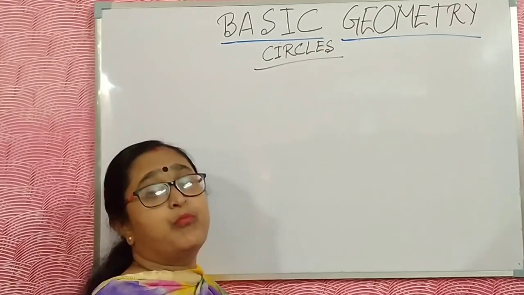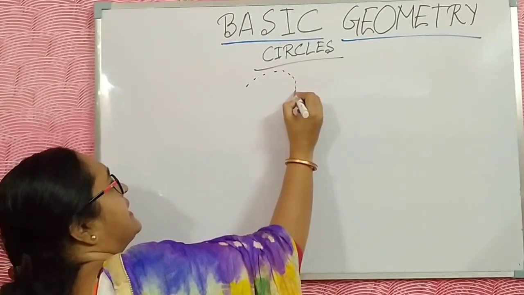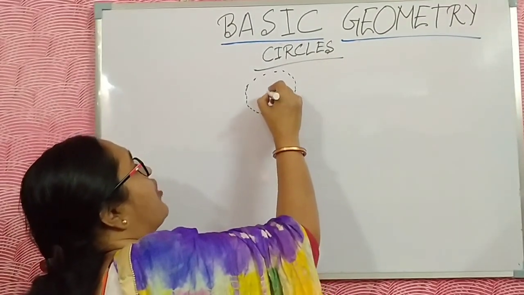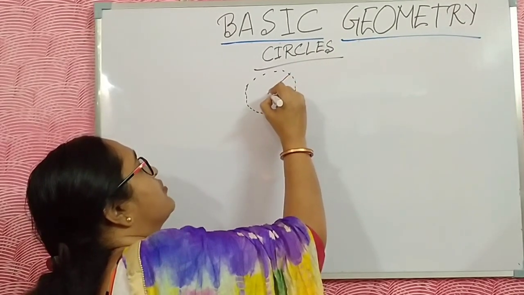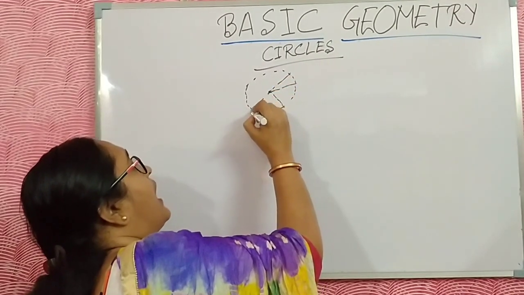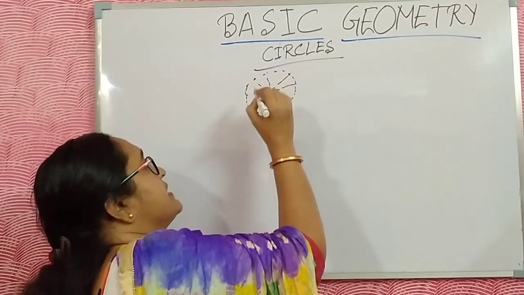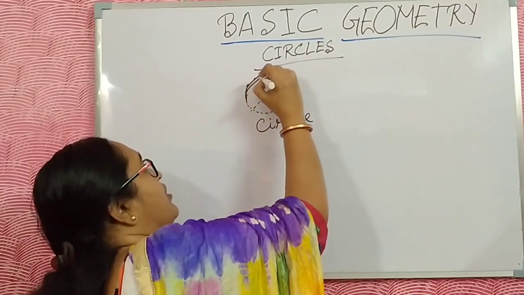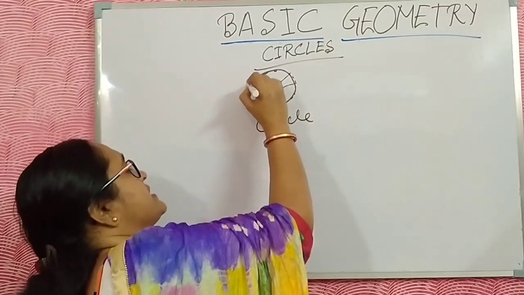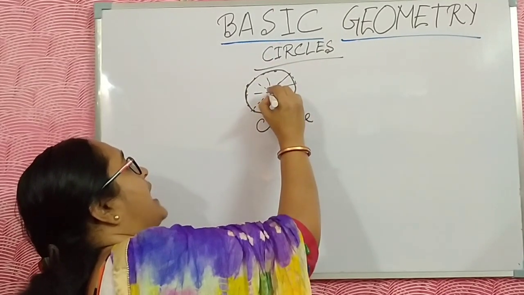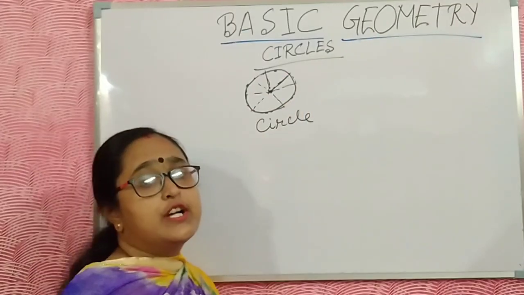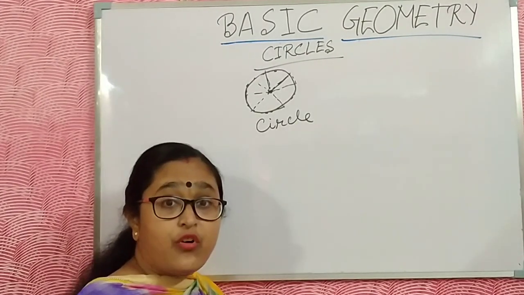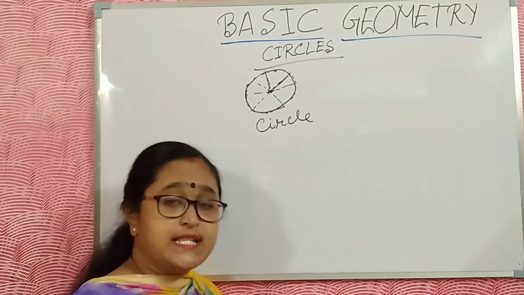A set of points in a plane which are equidistant from a certain point is called a circle.